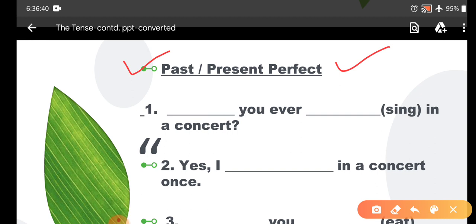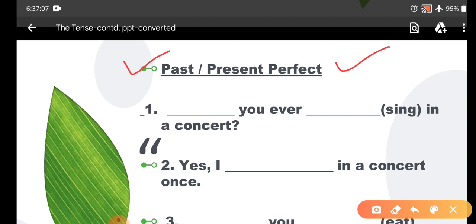Now in this pair, we are not going to do past perfect, but we are going to see how it overlaps a bit. Simple past and present perfect tense. Because simple past also comes in our present as well, and present perfect is when the action has been completed in the present framework.